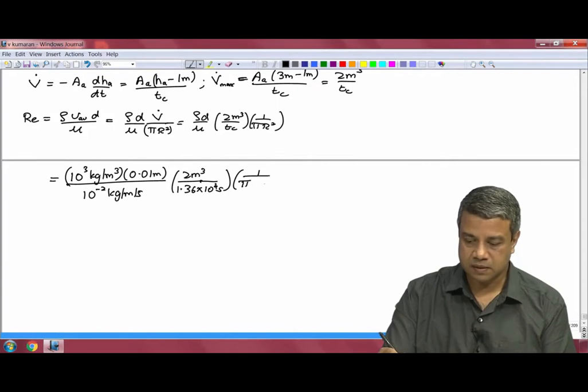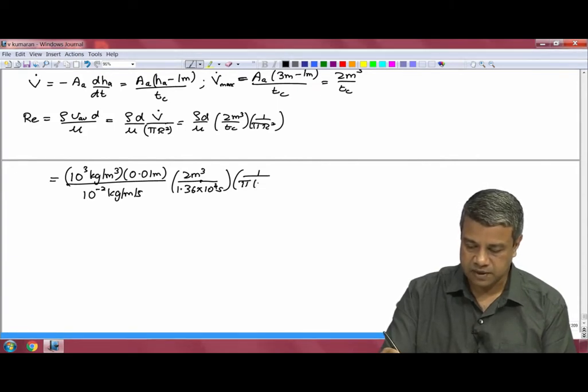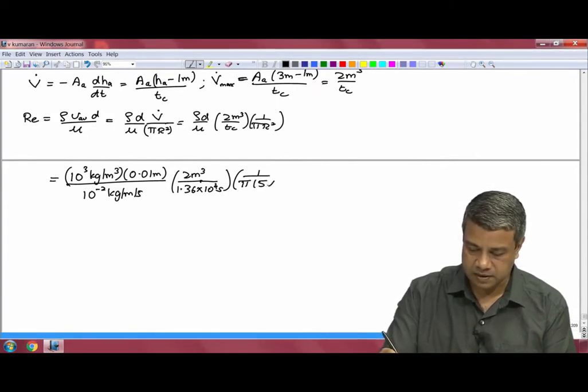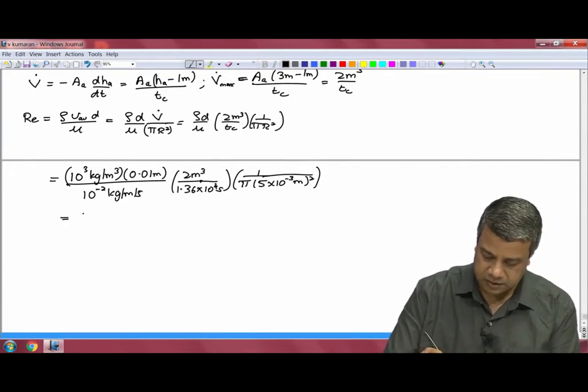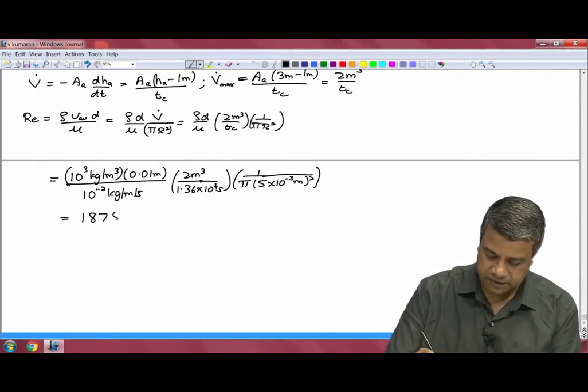Diameter is 1 centimeter, radius is 5 millimeters or 5 into 10 power minus 3 meters, the whole square. If you do this entire calculation, you get 1875.